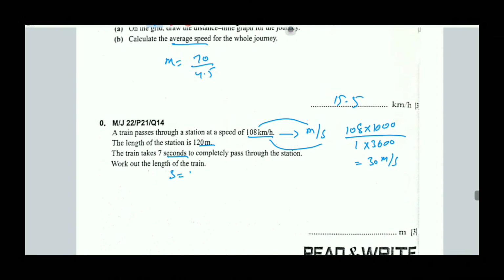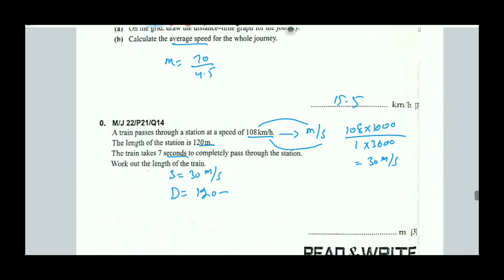Now your speed is 30 meter per second and the distance is 120, and the distance I told you, the distance will be the length of the station plus the train. The length of the path it will cover, plus the length of that vehicle, like the length of the train or whatever it is given here.